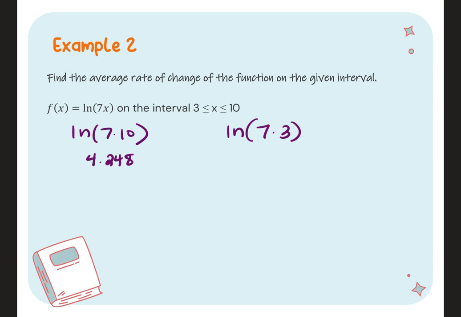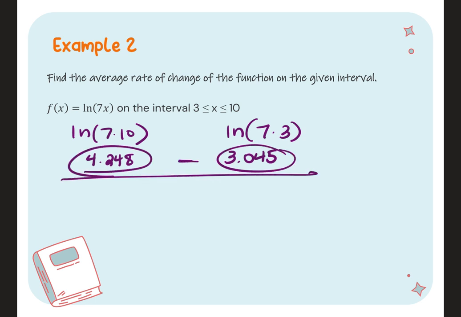If I did ln 7 times 3, I get 3.0445, which is going to round to 3.045. Right next to the number 4, left. So then I'm going to do this guy minus this guy over 10 minus 3.